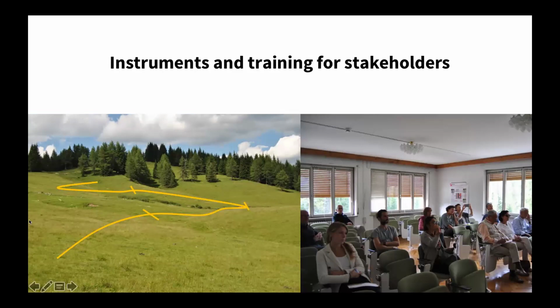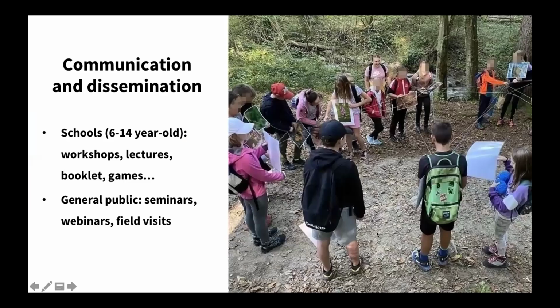For example, in the next weeks, we're going to have the final version of a protocol that we prepared to help, for example, municipalities or landowners to decide how to monitor or to restore this kind of habitats. And also we already organized, and we're still organizing sessions for stakeholders.